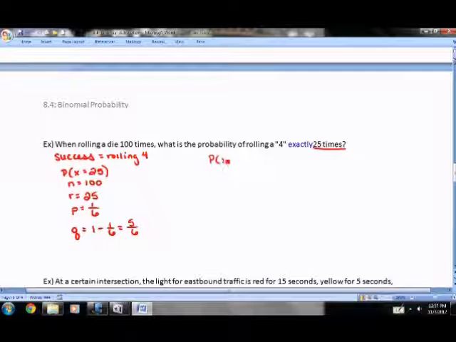So you have your P, or your probability of X equaling R, equals your NCR times your probability of getting it right, R times, so P to the R power, times the probability of getting it wrong to the N minus R power, or in other words, the probability of getting it wrong to the number of times you're going to get it wrong.